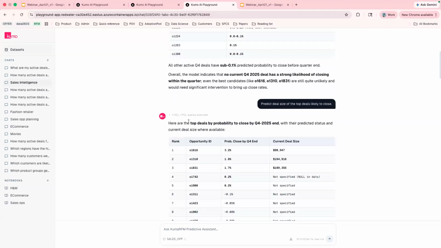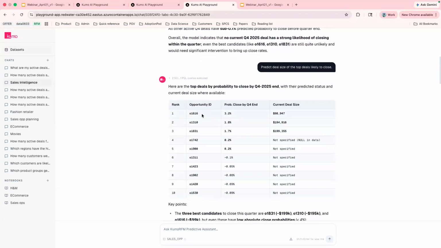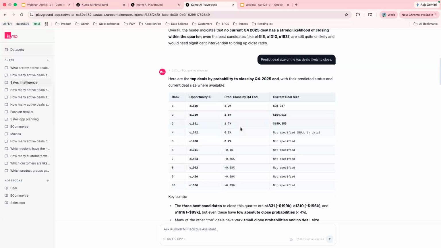Once I have visibility around likelihood to close, the next thing that I would want to do is rank order these opportunities. So I would ask the question, predict what are some of the top deals out of these which are most likely to close. And I can see the rank ordering here that was given to us by Kumo RFM.